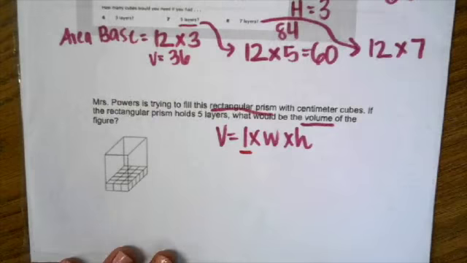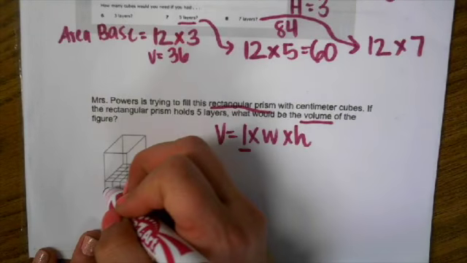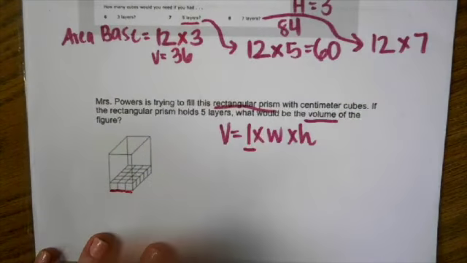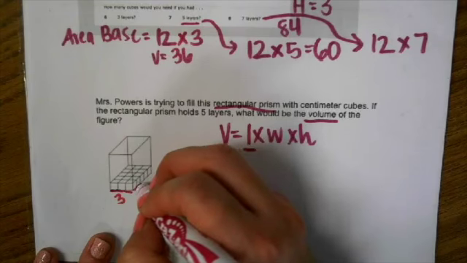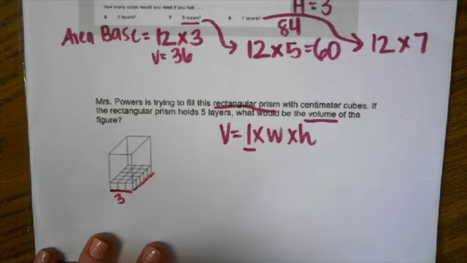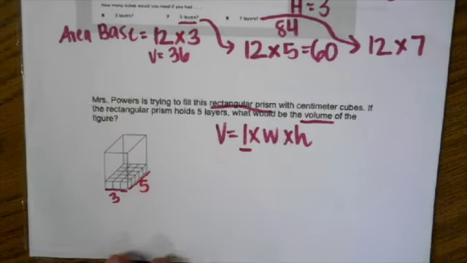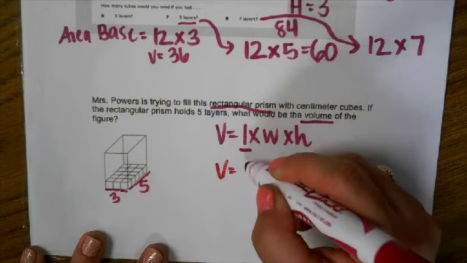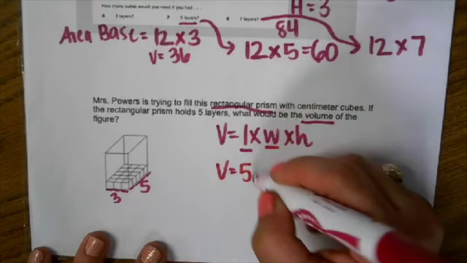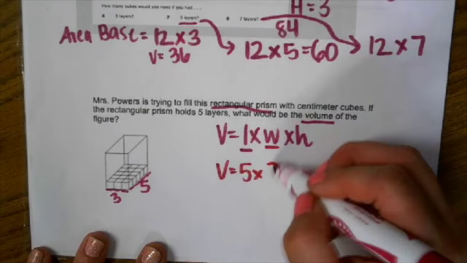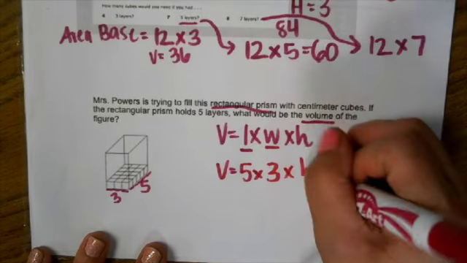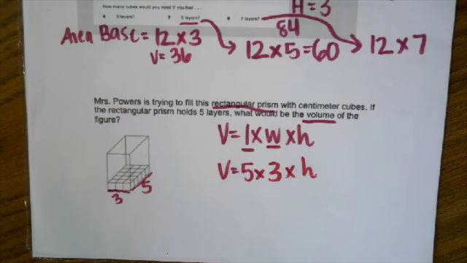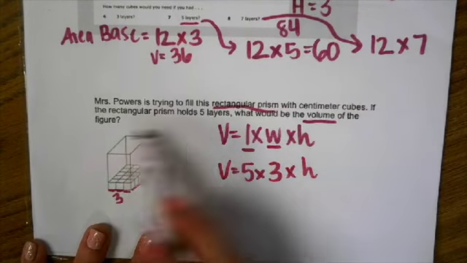So in order to find the volume, we need to find the length. So let's label this. We have 1, 2, 3, 1, 2, 3, 4, and 5. So just looking right here at what I see, I know that our length is 5 and our width is 3. But we don't know our height yet.